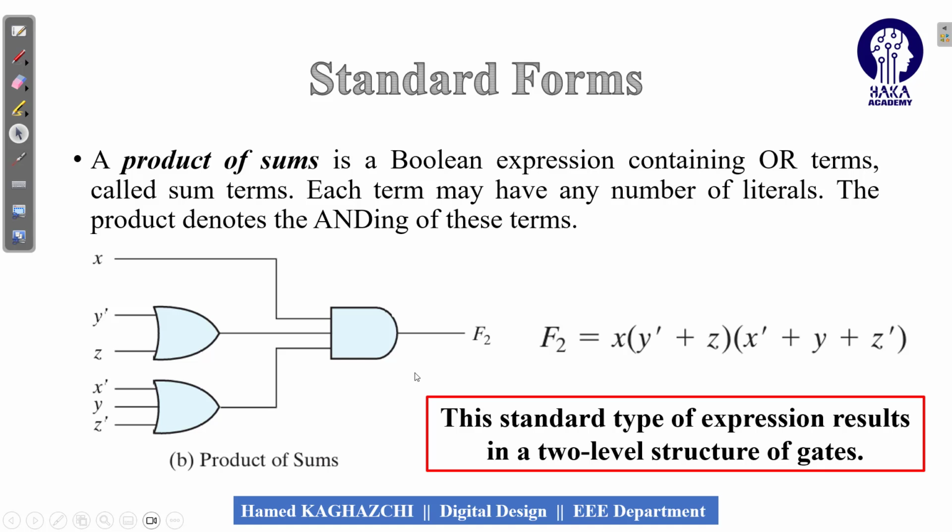In the previous one, in the case of the sum of products, you saw that we had AND gates in the first level and an OR gate in the second level. In the case of the product of sum, we have OR gates in the first level and an AND gate in the second level.